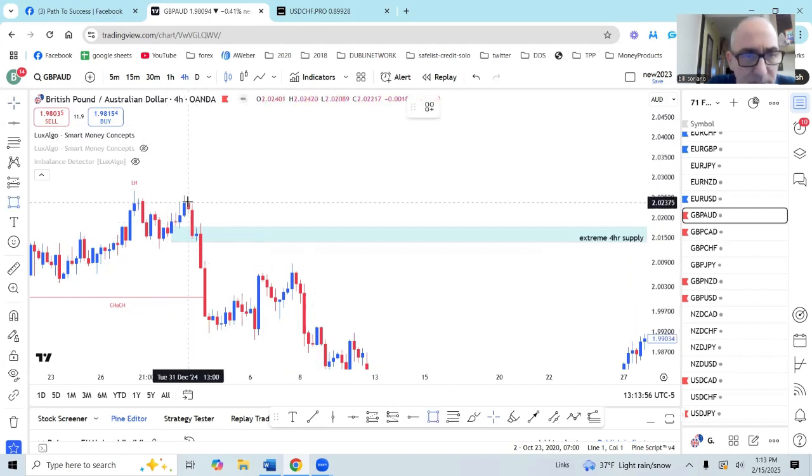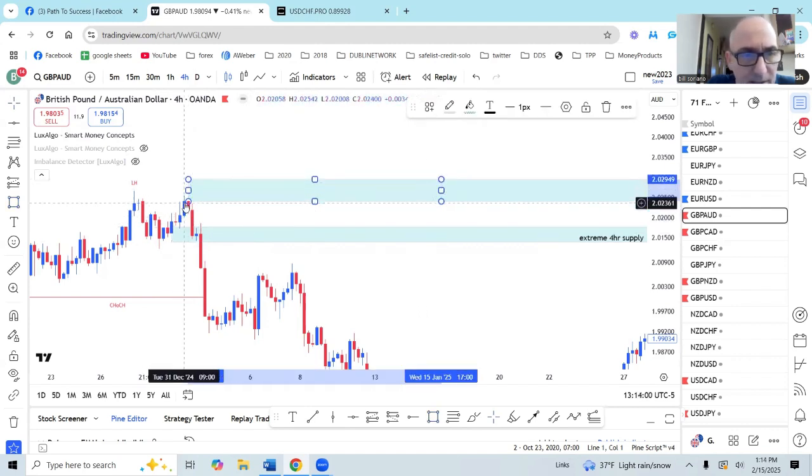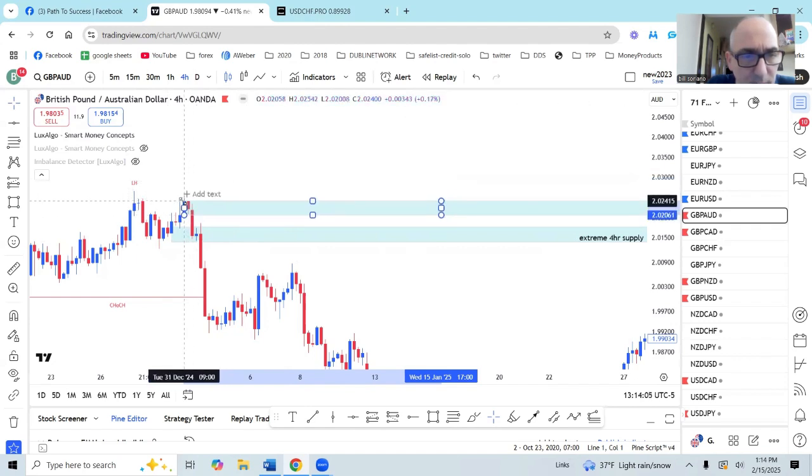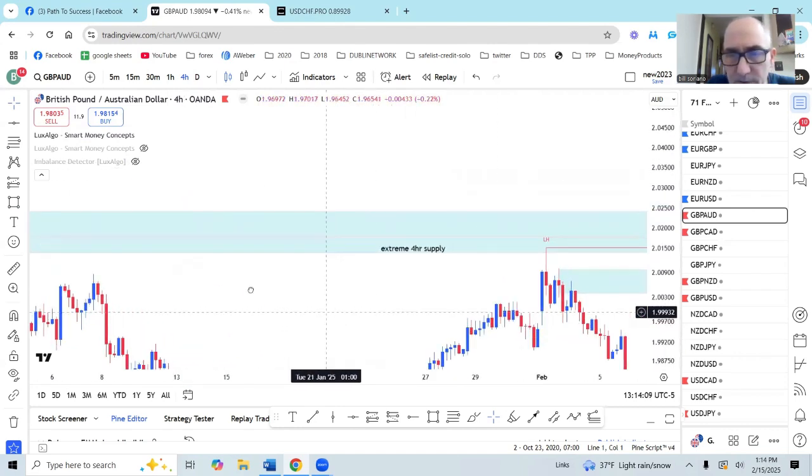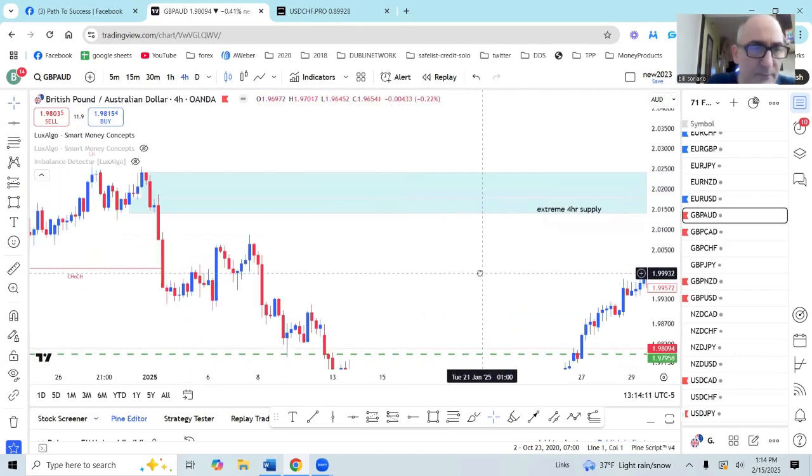The zone may actually be higher. It may just have to go a little bit higher. So the extreme zone may have just been a little bit higher.